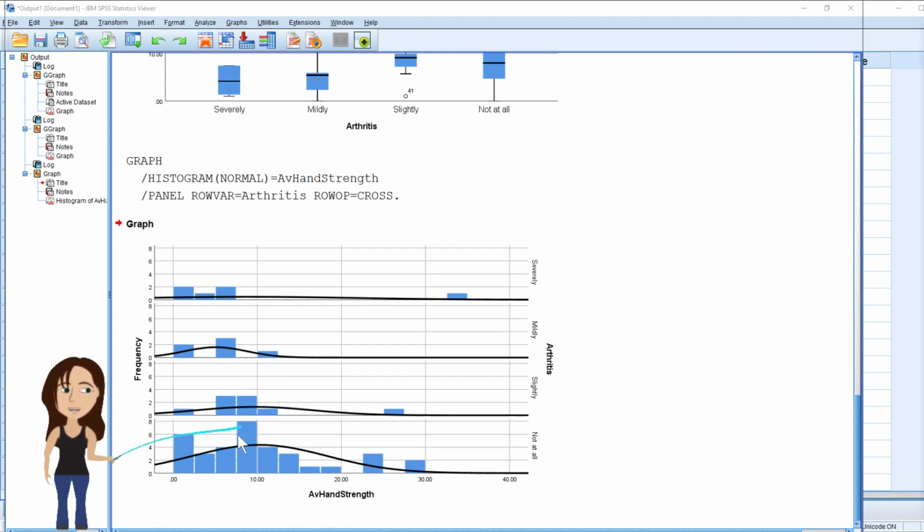So if this data was given to me and I was asked to analyse it, I probably wouldn't go ahead and use ANOVA, because we do have problems with the outliers. We can't tell if it's normal because the sample sizes are so small, and I just don't think the results would be reliable. So I would probably do a non-parametric test in this case, which we're not covering in this course.